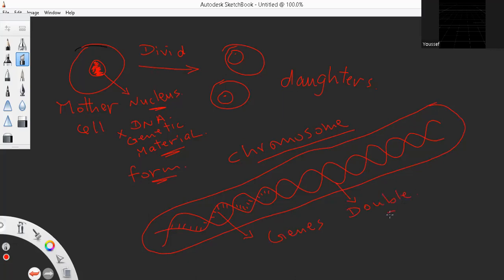Each human cell contains 23 pairs of chromosomes. X and Y are the sex chromosomes.